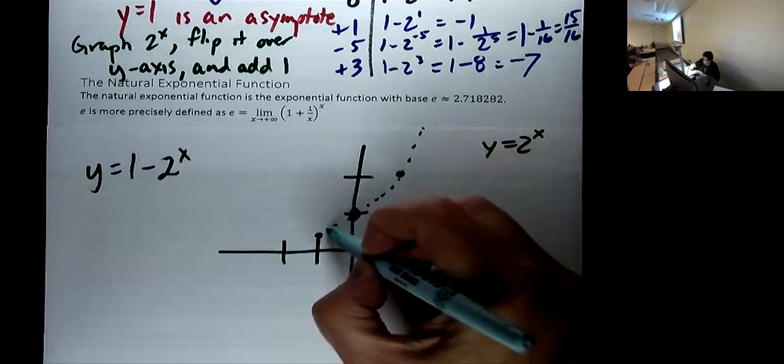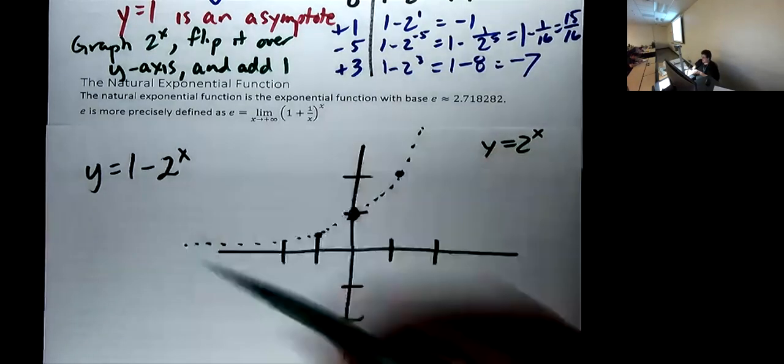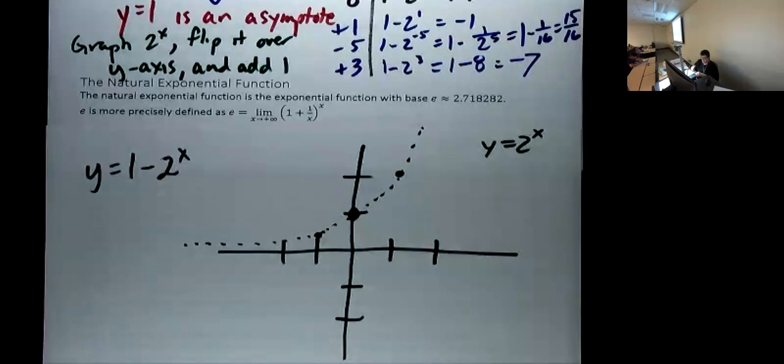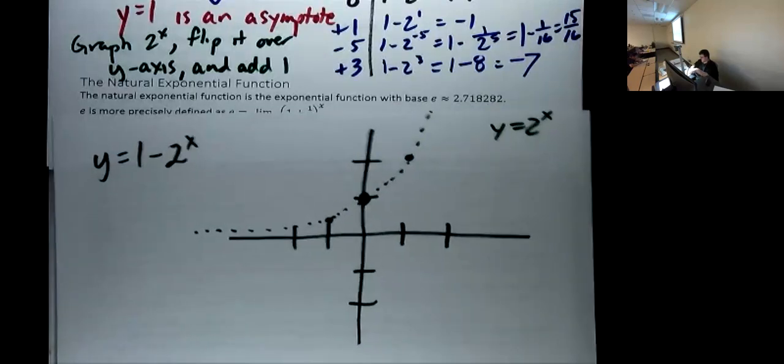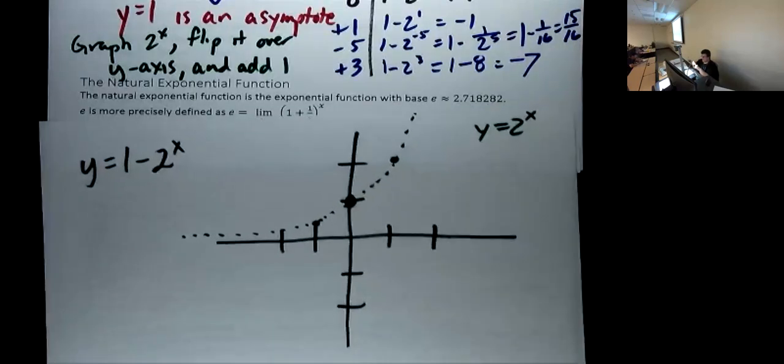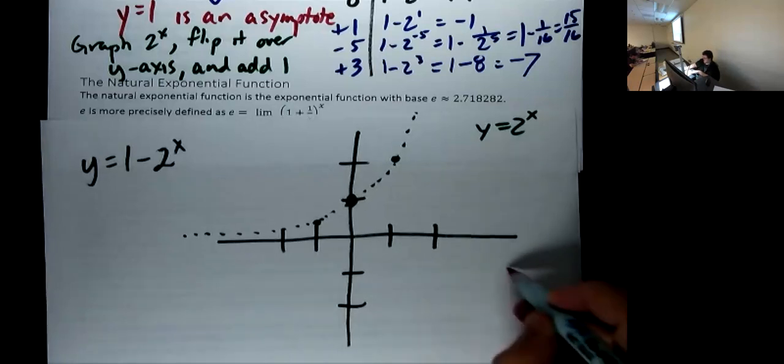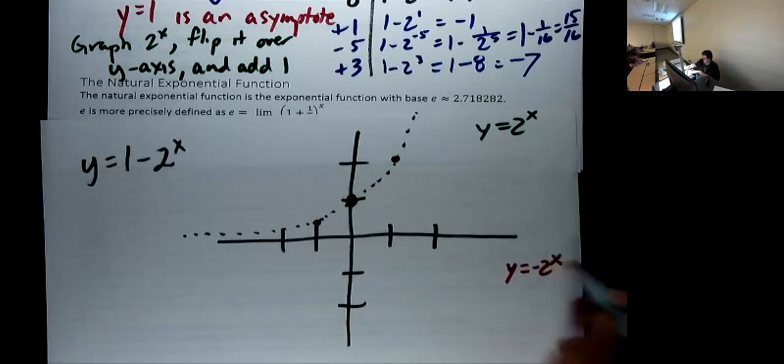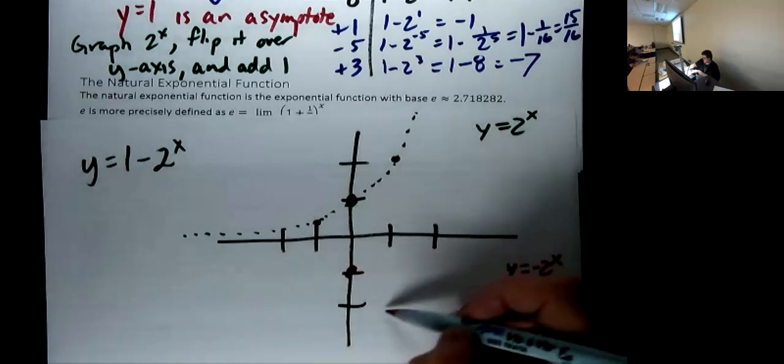It's doing that. y = -2 to the x reflects that across the y-axis.